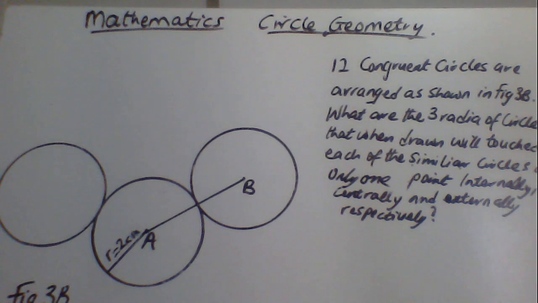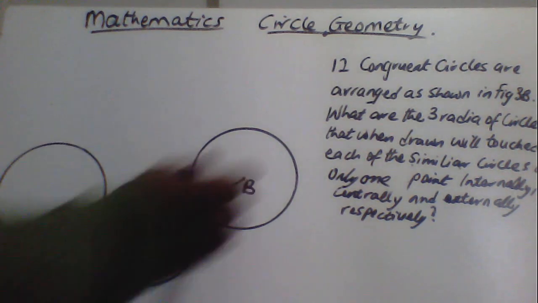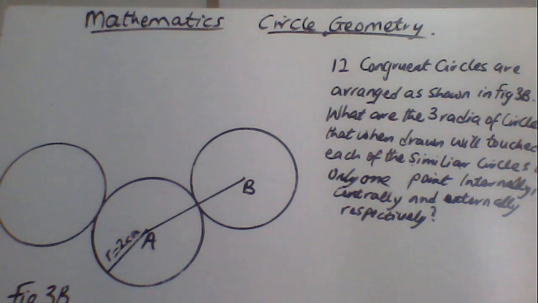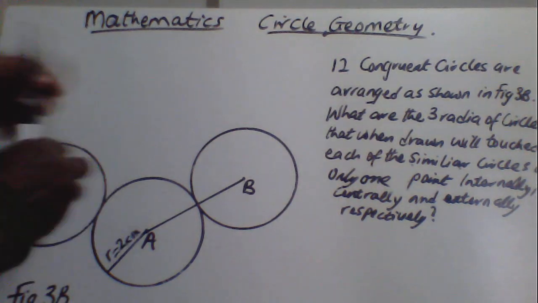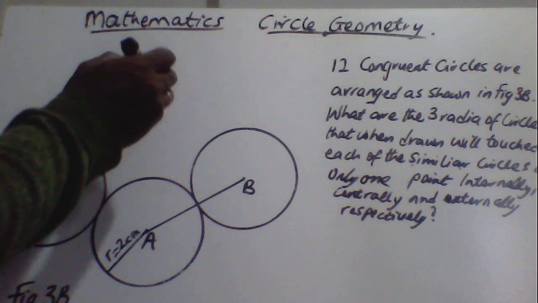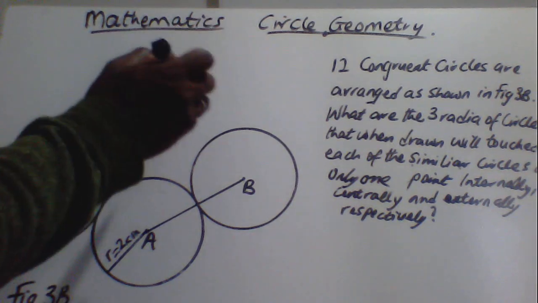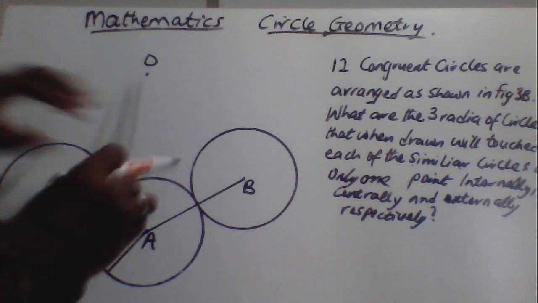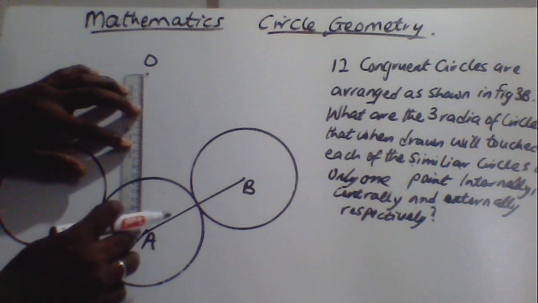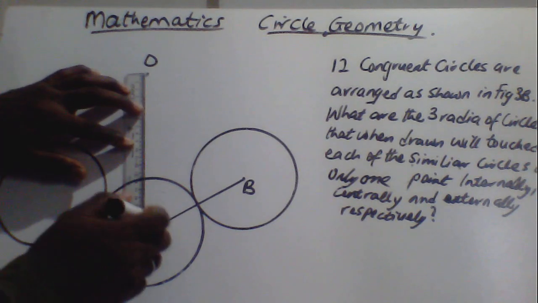Let's first of all solve for the radius of the central circle, which will give us a radius of R. Let the center of that circle be somewhere here, and we can call it O, so that we can construct. Join a line AO.